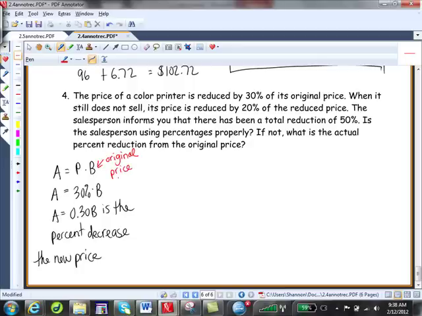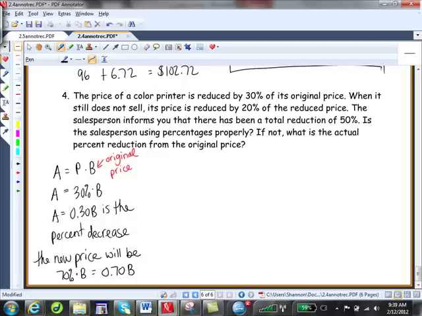So we found the percentage discount, but the new price is going to be 70% times B. If you took 30% off of B to get the discount, you're paying 70% of B, which of course is 0.70 times B.